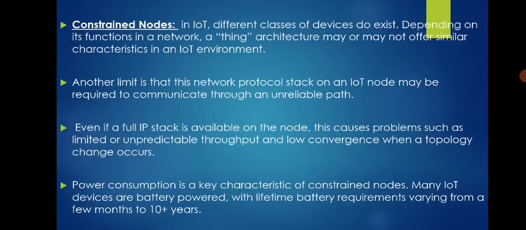Then what is this constrained node? In IoT, different classes of devices exist depending on their functions in a network. A thing's architecture may or may not offer similar characteristics in an IoT environment. So here, constrained node means what? We'll have different kinds of smart devices, and we consider them as nodes.